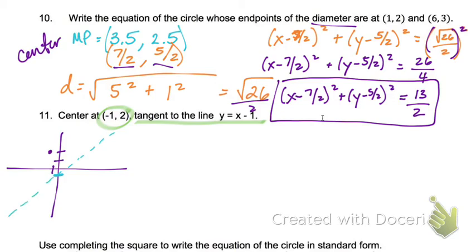So that means that my circle is going to touch that line. The line is not going to go through the circle, it just touches it, like it rests on it. To figure out what the equation would be, you are going to plug in any x value. I usually use negative 1.